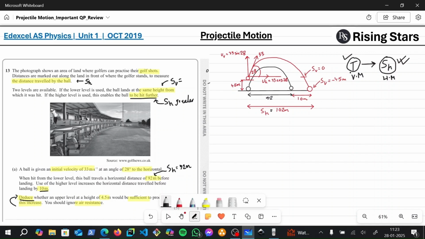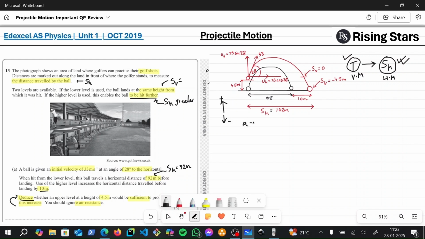So here as well, we're going to start by finding the time of flight, and since we have to use the vertical motion, we're going to assume that upwards is positive, downwards is negative. You can also take upwards as negative, whatever you like, but this is how most of us at least prefer doing it.